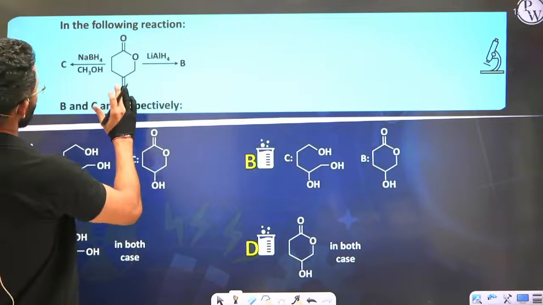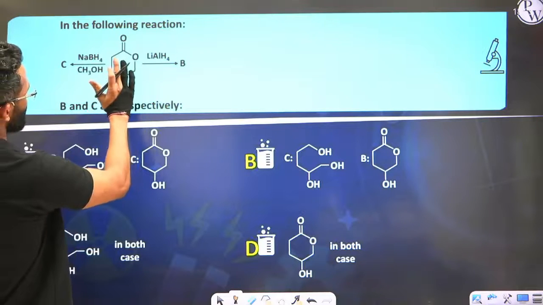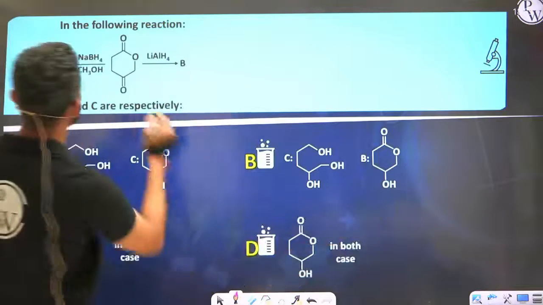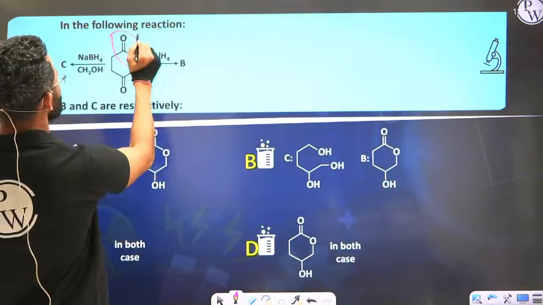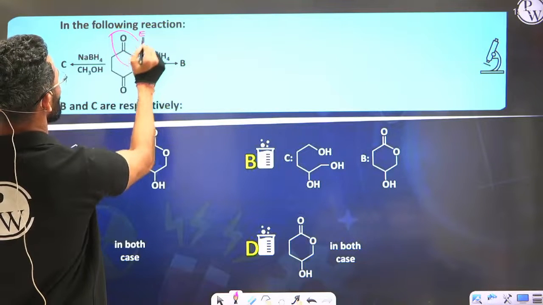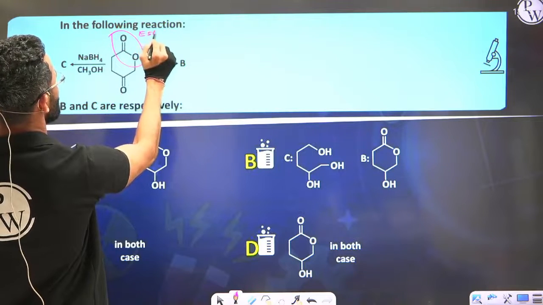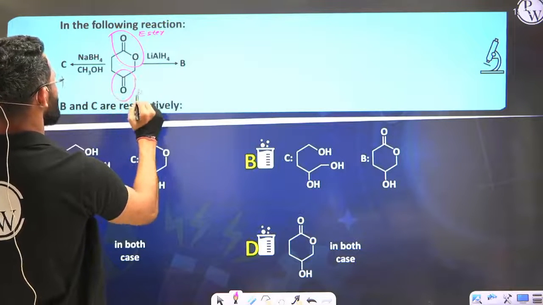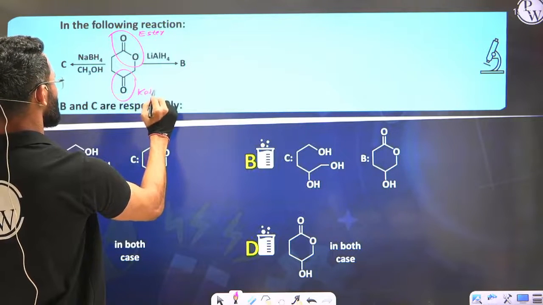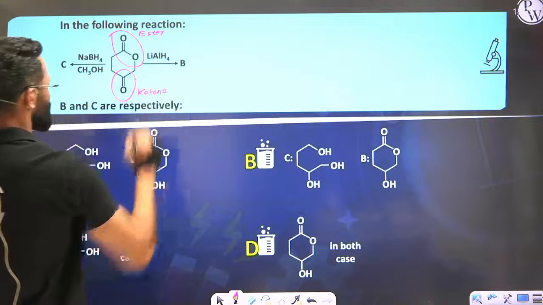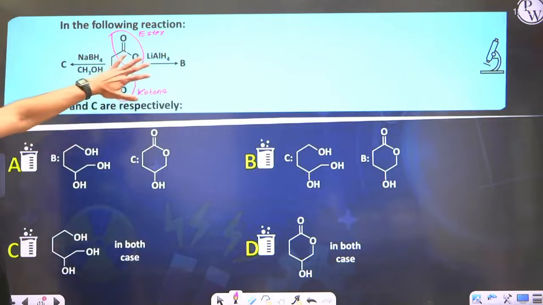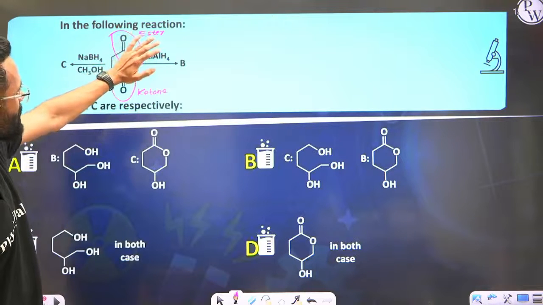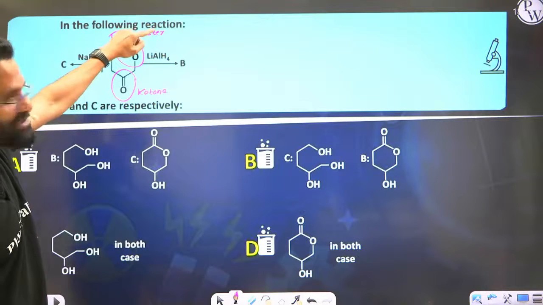Well, you can see we have been given some compound where this part, everyone, is an ester, COO, right? And this part is a ketone. Now observe the reagents. On the right-hand side, they are saying you are reducing with lithium aluminum hydride. So lithium aluminum hydride reduces ketone as well as ester.